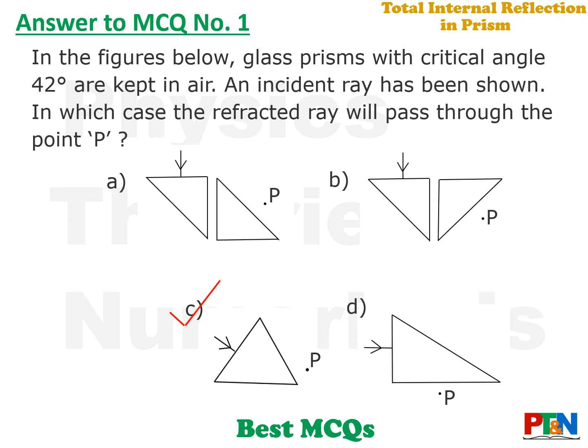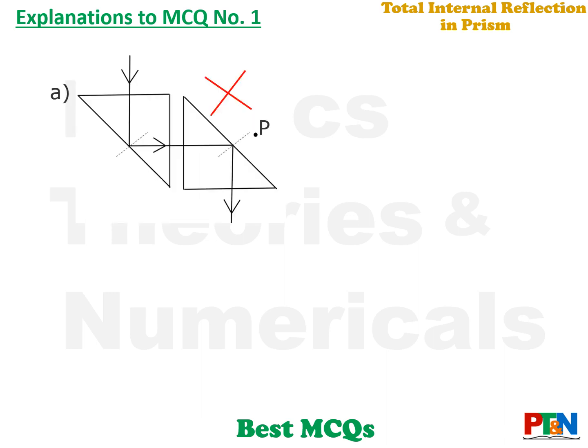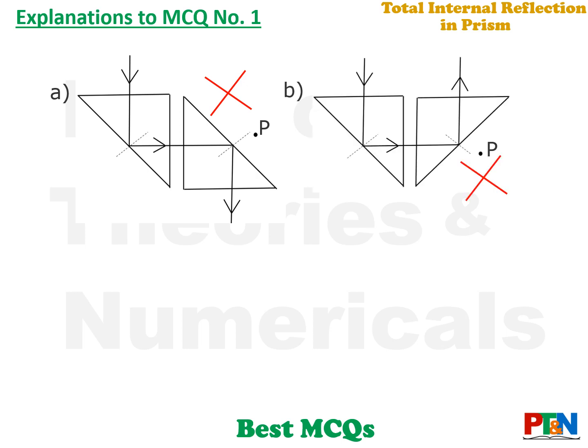Now let's understand the ray diagram for each of the cases. The first case, you can see there are 2 internal reflections and the outgoing ray is no way close to the point P. Option B, here also again there are 2 internal reflections.